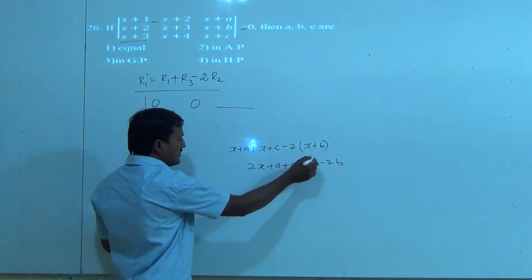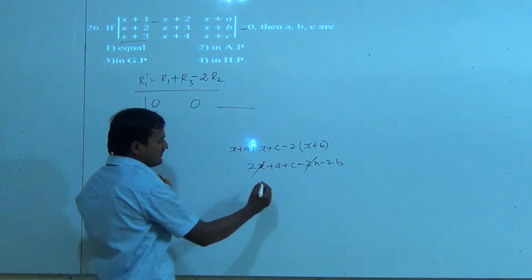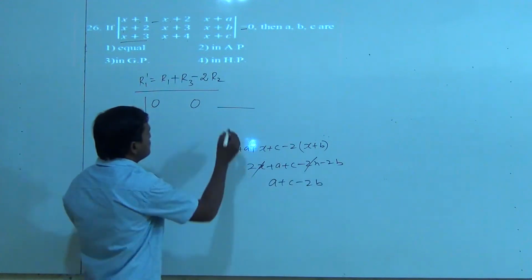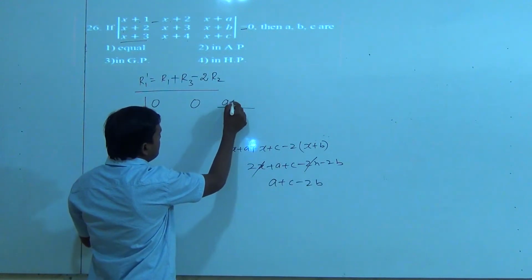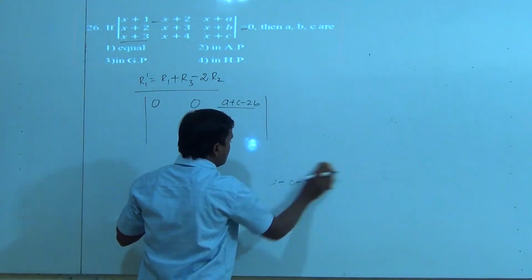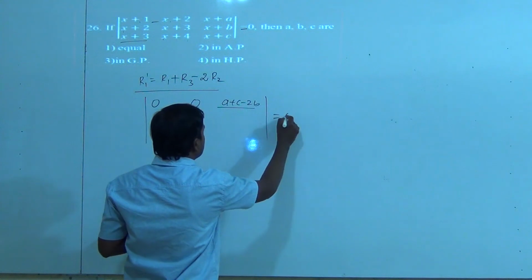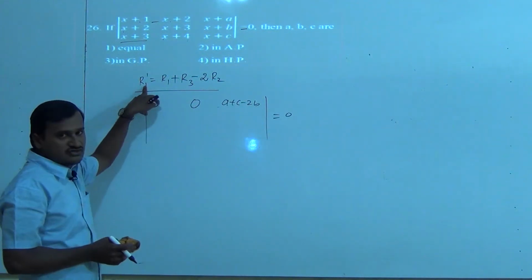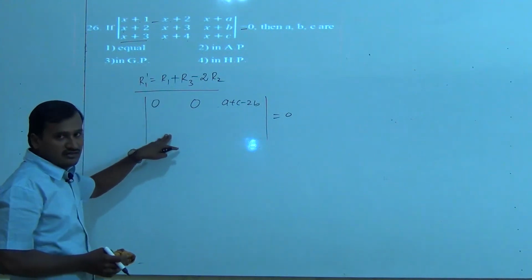Here minus 2x and plus 2x will get cancelled. So what is the answer? It is a plus c minus 2b. This determinant is equal to 0, as they have given. Now I applied this operation only for the first row, so I should write the second row and third row as it is.